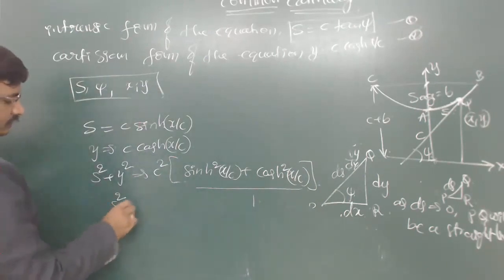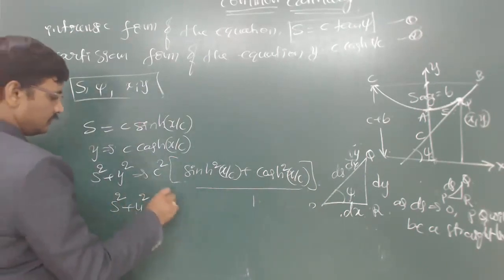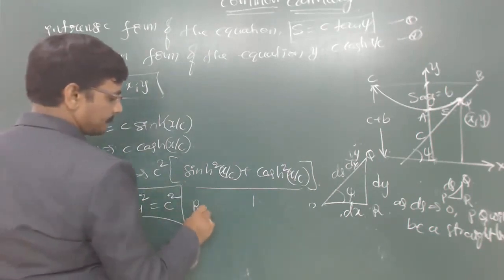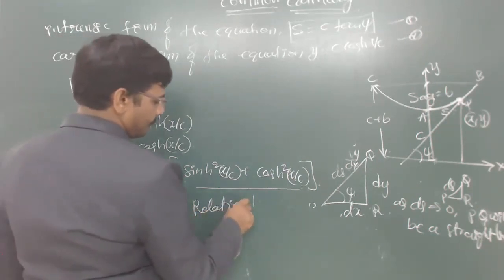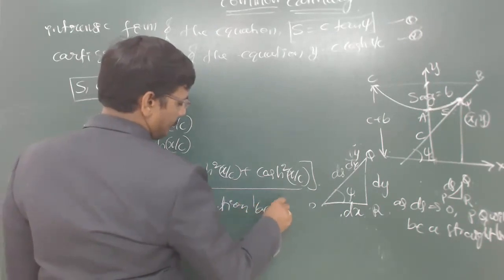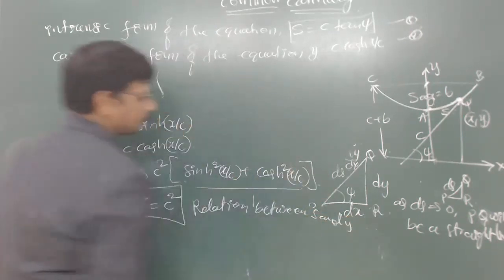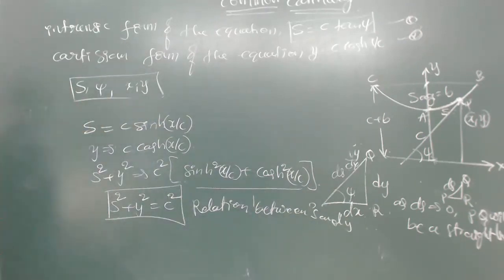So s square plus y square is equal to c square. Now, if you notice, this is the relation between s and y. Got it? Yeah, that's correct.